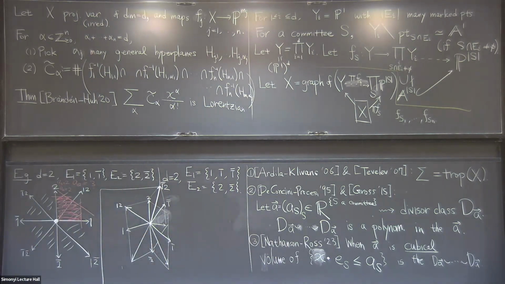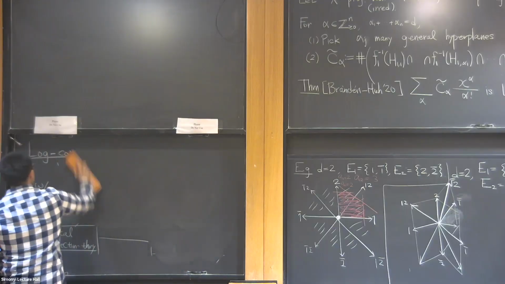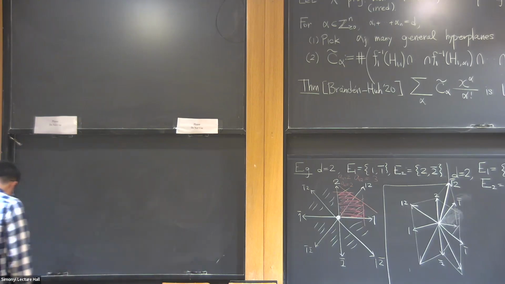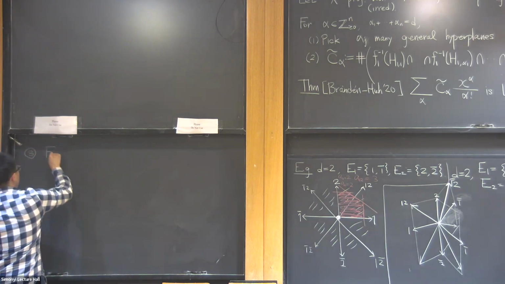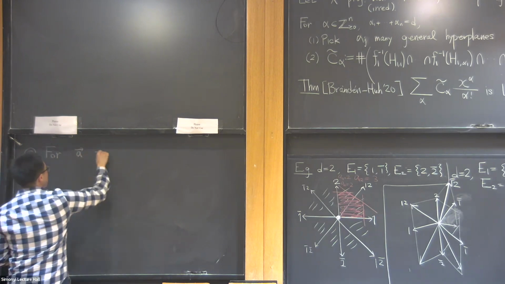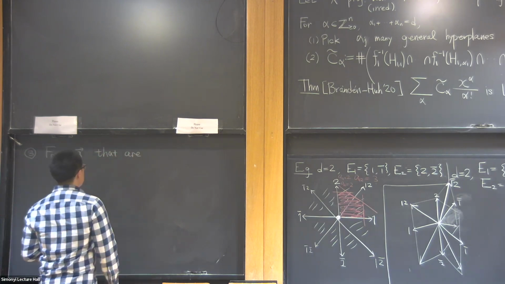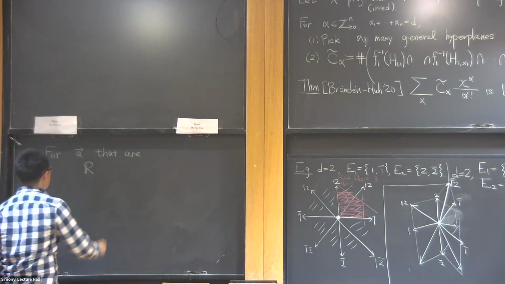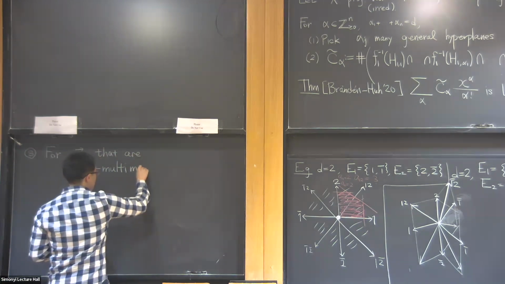And finally, the last step is for A that are multi-matroids, a little bit unfortunate naming that we had to settle with for our paper.